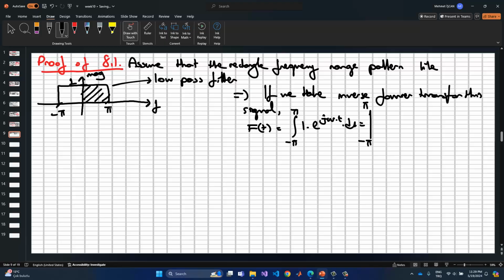This pi to minus pi comes from the earlier identity formulations. This is simple: this is the pi, this is the minus pi. So we cover the whole region in here, and this is written as 1 over jt times e^(jwt), just like this one.